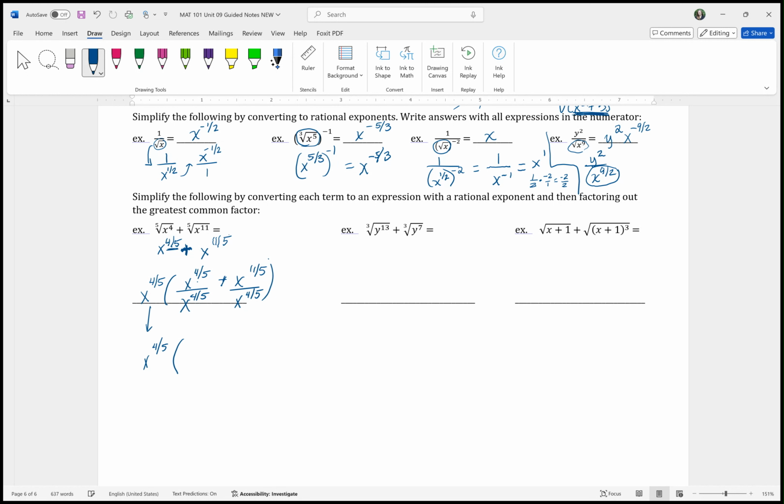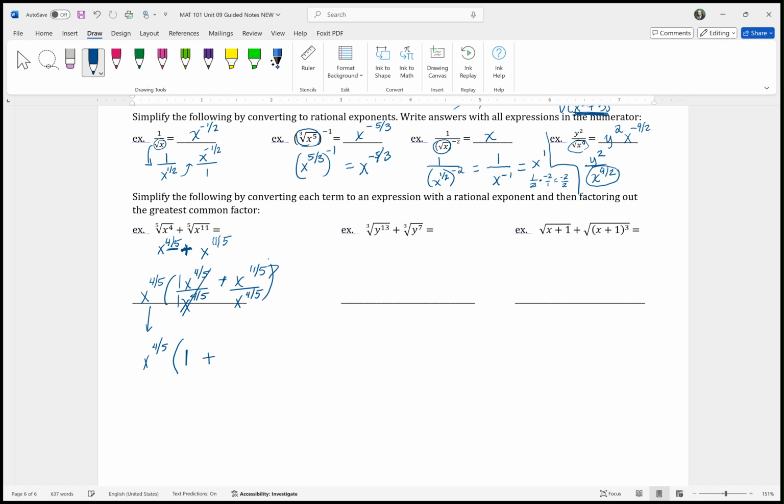And x to the 4/5 over x to the 4/5, I want you to think about this the same as if you had x over x. X over x would all cancel out. And it's not just going to cancel out. It's going to cancel to what? If you had a 1 in front, what's 1 divided by 1? It's just 1. It's not 0. Don't say it's 0. It doesn't cancel to 0. You do have a 1 there, but everything cancels to 1. Okay? So that's really what's happening there.